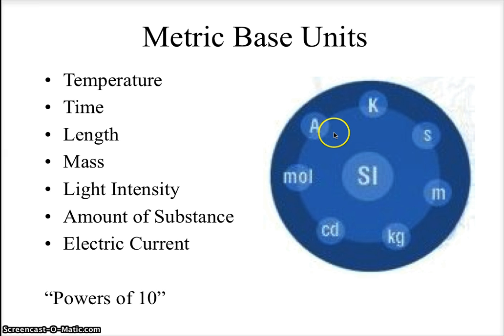S is seconds for time, M is meters for length, kg is kilogram for mass. A lot of sources use kilogram as the unit of measure for mass, but I prefer to use gram since gram is a base unit, and this kilo is really just a prefix for that metric unit. CD is for light intensity, and that goes with the concept of candela, which we can talk about later if you want to ask a question.